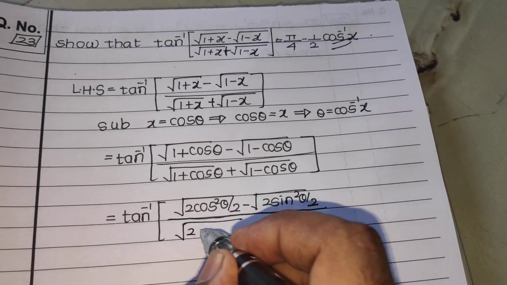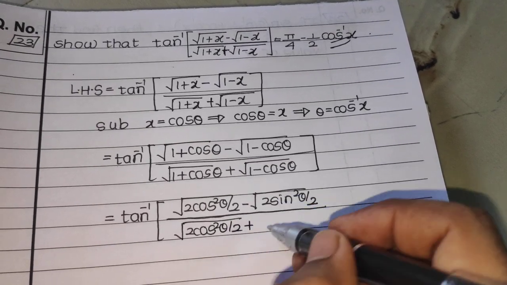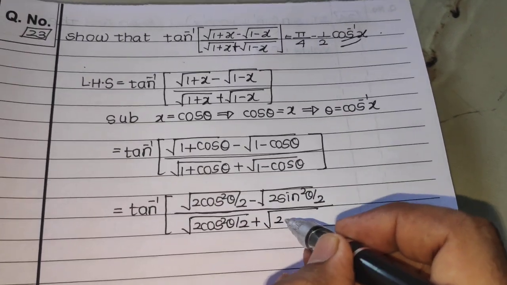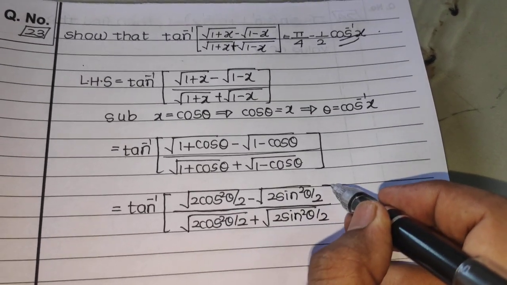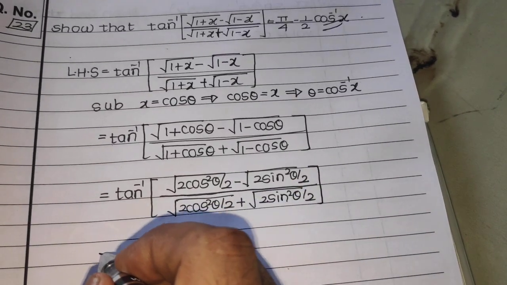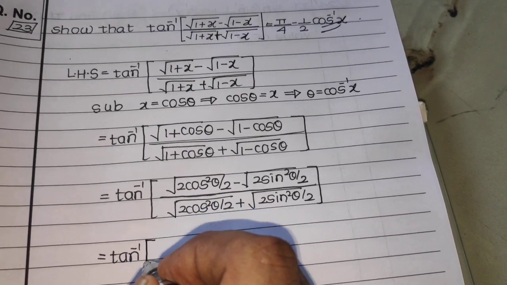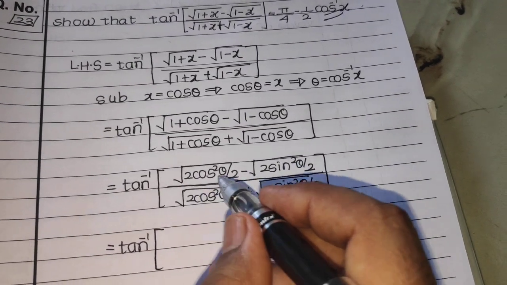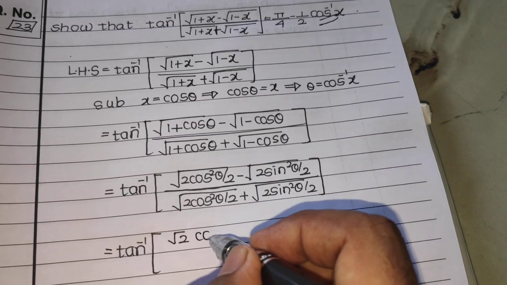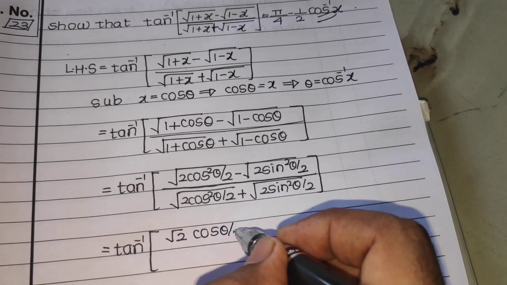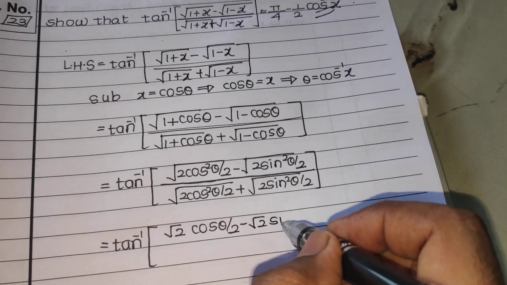This is root of 2 cos square theta by 2 minus root of 2 sin square theta by 2. Root 2 will come out, and cos square theta by 2 will become cos theta by 2. Here also root 2 will come out, and this is sin theta by 2.